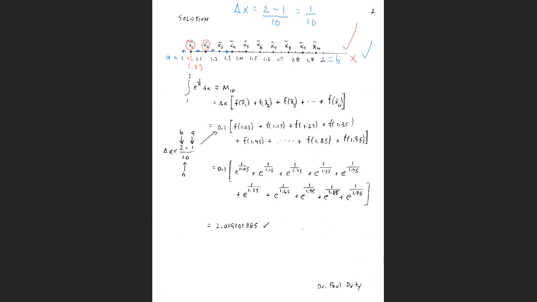The second subinterval goes from 1.1 to 1.2, so the second midpoint is 1.15. You can keep going here. The third midpoint would have to be 1.25 because it's halfway between 1.2 and 1.3. The fourth midpoint is halfway between 1.3 and 1.4, so that's 1.35, and so forth.